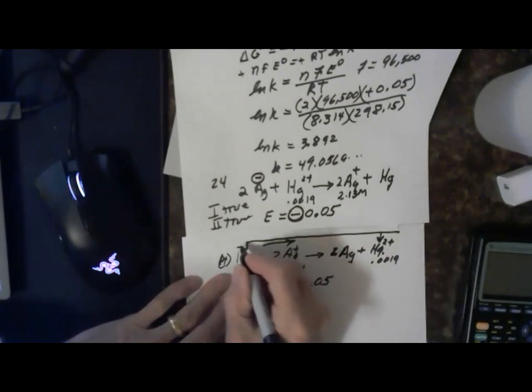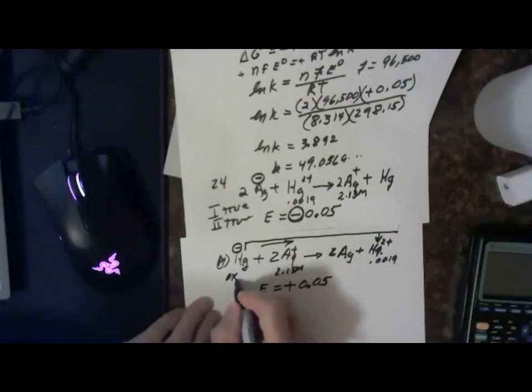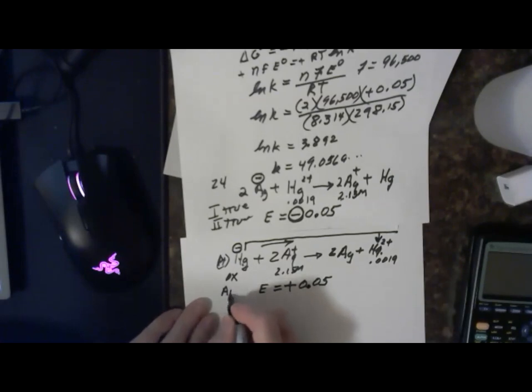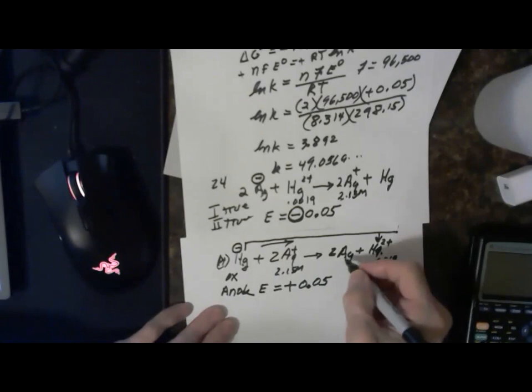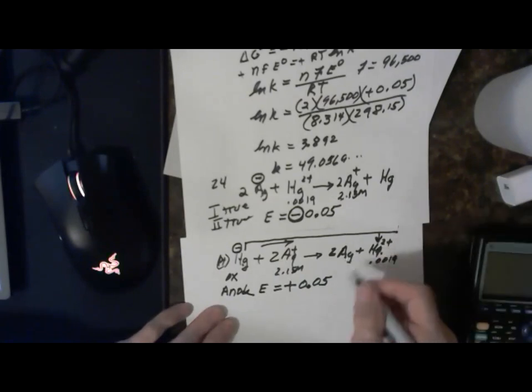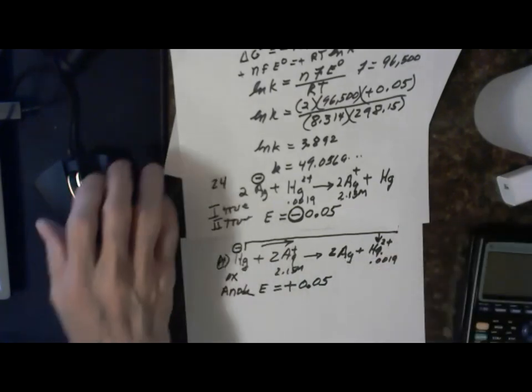So this electrode is going to be the negative electrode. It is oxidation, and that's the anode. And then, of course, the other electrode is reduction, and cathode.